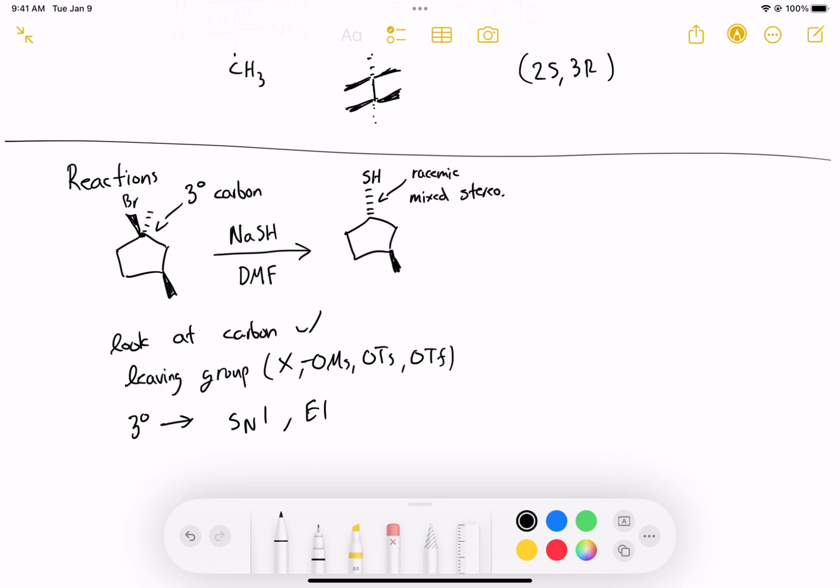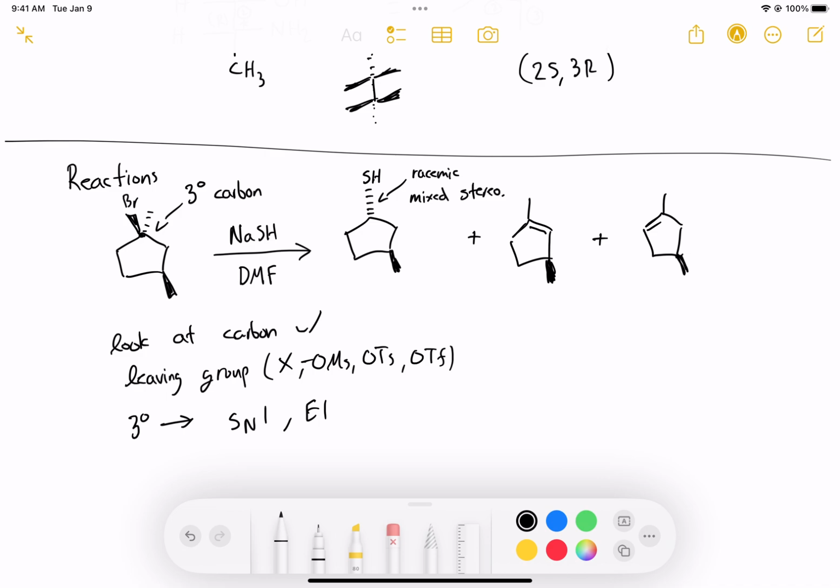That's fine. But now we also have to draw all the E1 products. So there's a lot of E1 products. So let's draw them all. So E1 is when we get the alkene. So we get this product. That one. Okay, yeah, so it's not actually symmetrical, so you get a lot here.